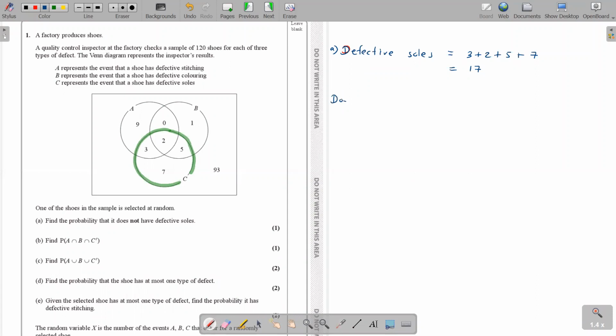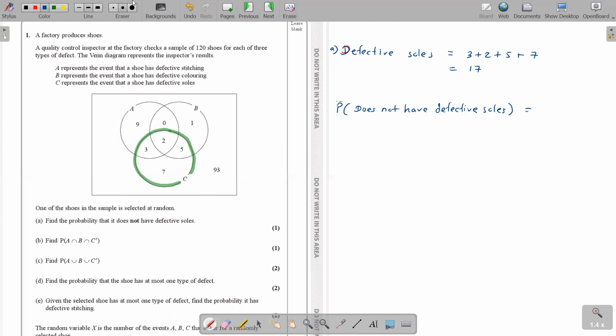It's just 1 mark, so we don't need to do all these. So the probability it does not have defective soles, how many shoes are there? All you have to do is subtract 17 from the total number of shoes.